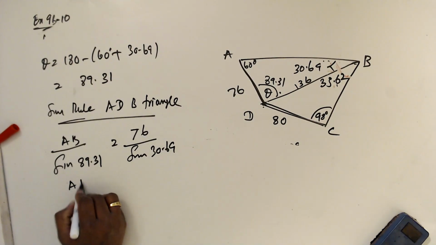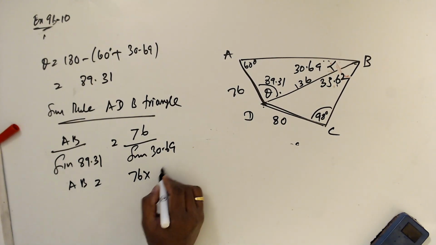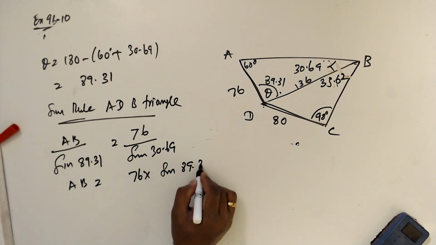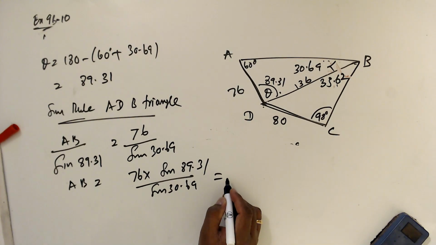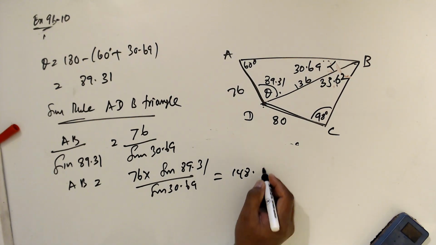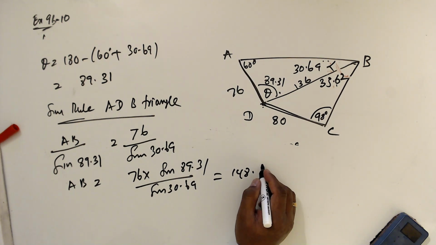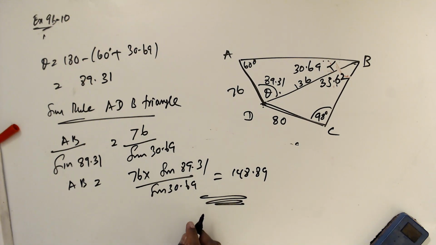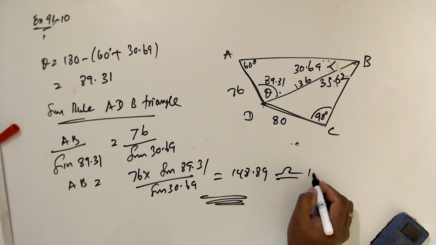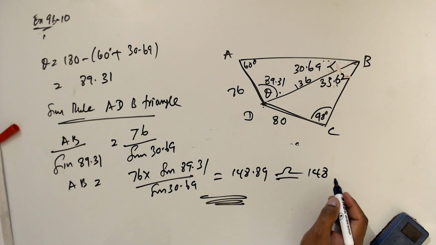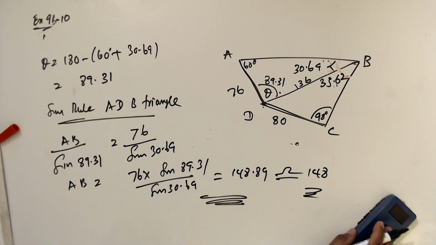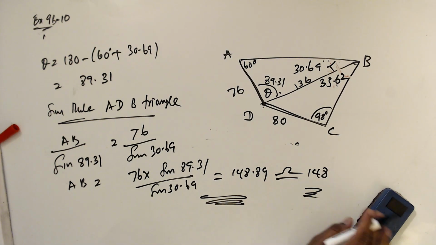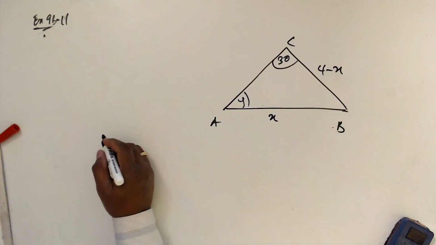So then AB equals 76 times sine 89.31 over sine 30.69, which is 148.89, approximately 148 or 149.